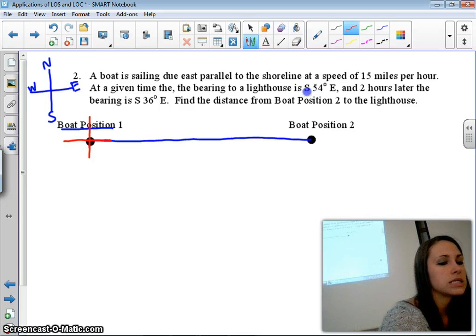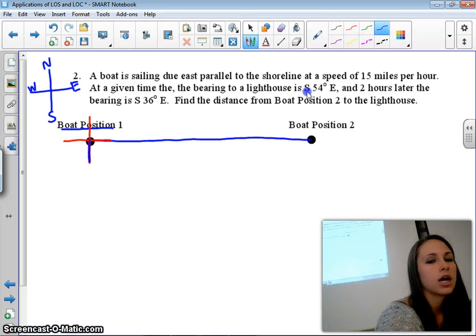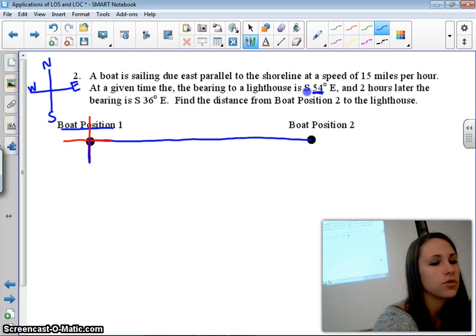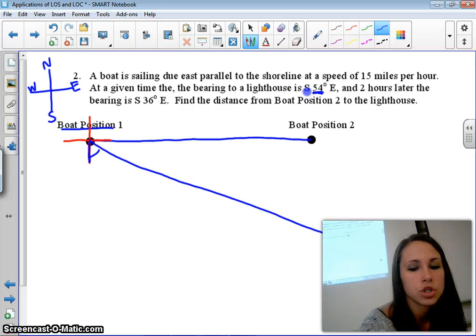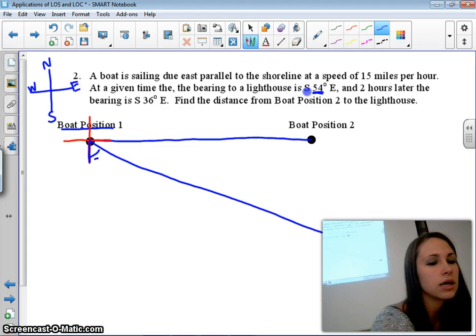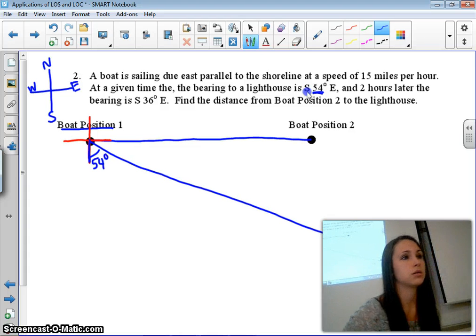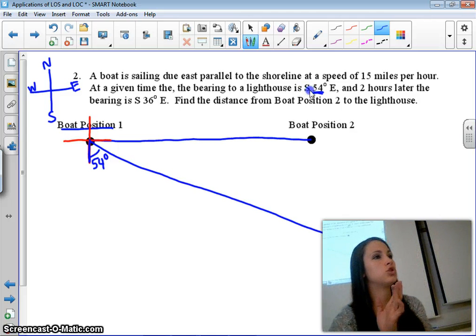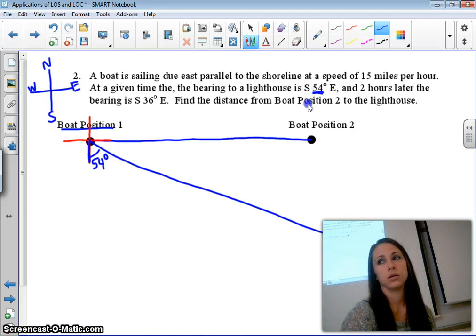So south is the first direction, so I'm going to start at south and go 54 degrees to the east line. So I'm going to go 54 degrees east, and that is my bearing to the lighthouse. So this angle right here is 54 degrees. You start on the first direction and go towards the second direction that many degrees. That's exactly what that means.